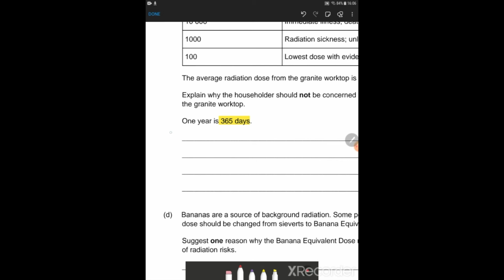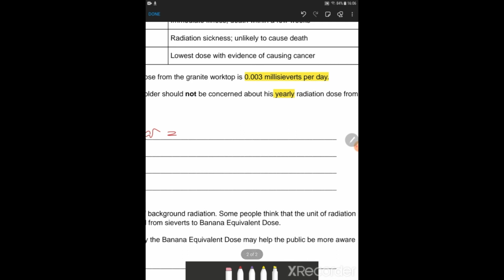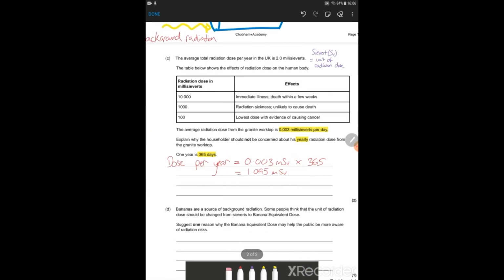So dose per year equals 0.003 millisieverts times 365, which equals 1.095 millisieverts, yeah? Okay. So that's his dose per year.